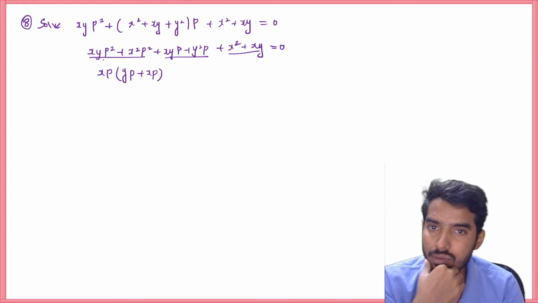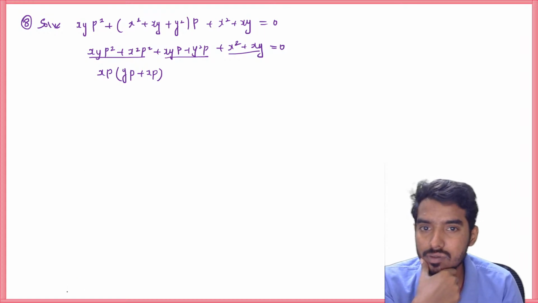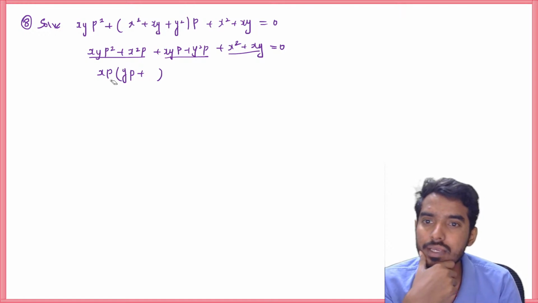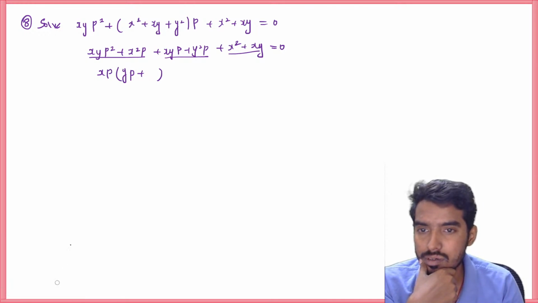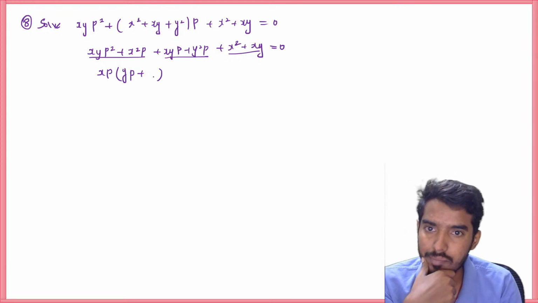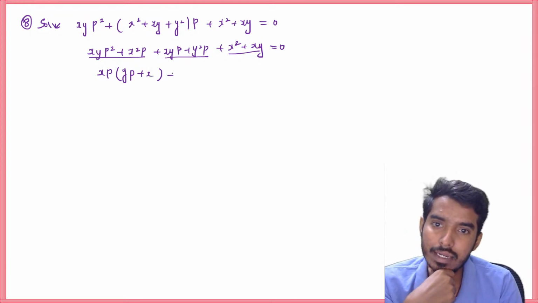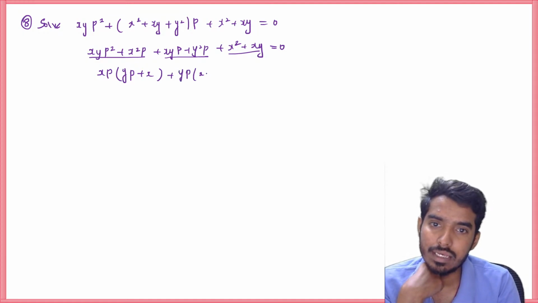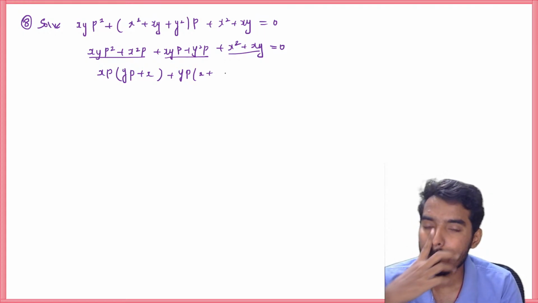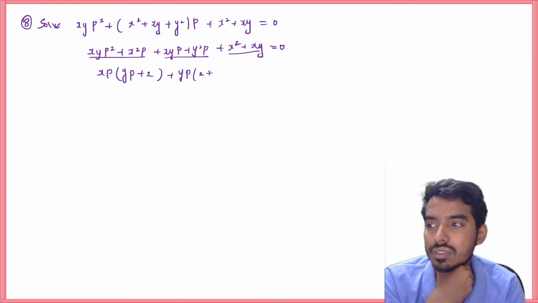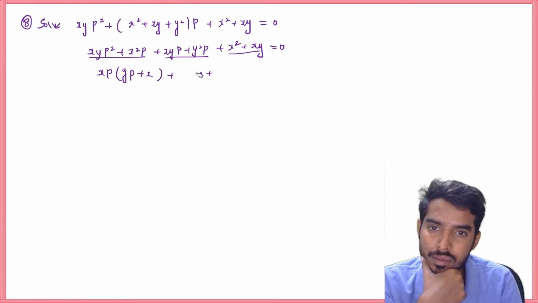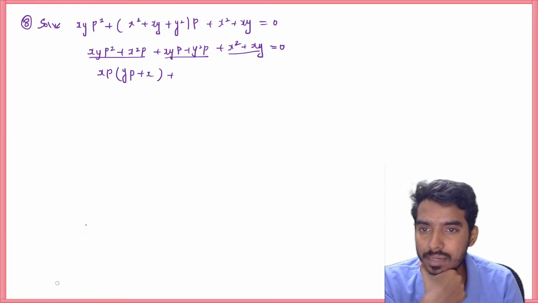Sorry, this is x square p, take xp common here, now here I can take yp common, right? So this will be x here, and here we will have one of that. So what we will try to bring is yp plus x, right?